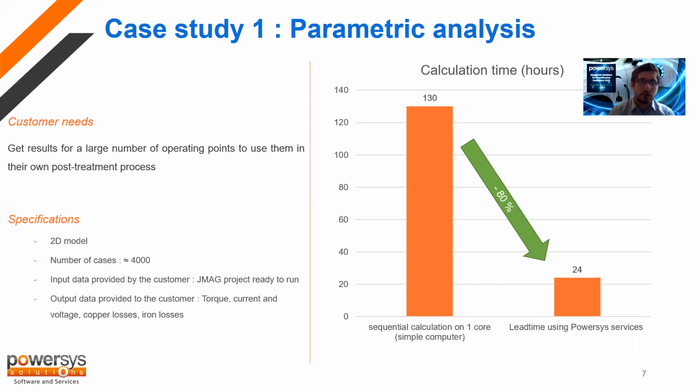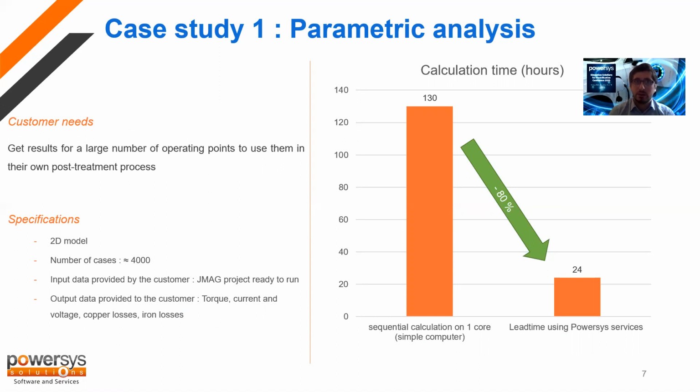It was a 2D model, and he wanted to run around 4,000 different cases and operating points. But he had the possibility to use only one processor for this simulation on his own computer. With this configuration, the total calculation would have taken around 130 hours.